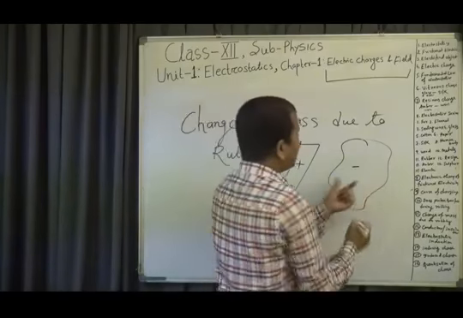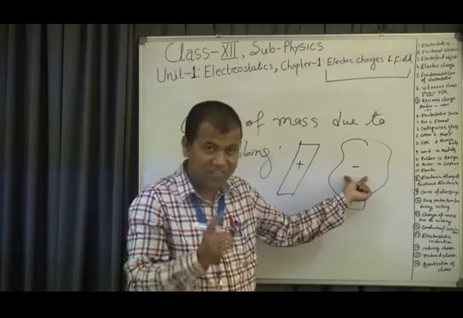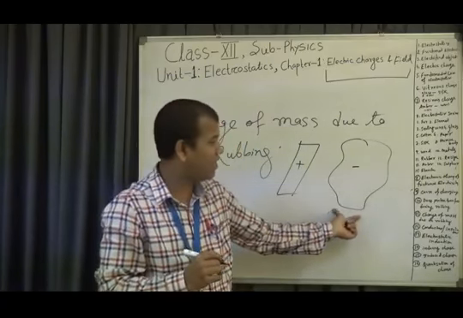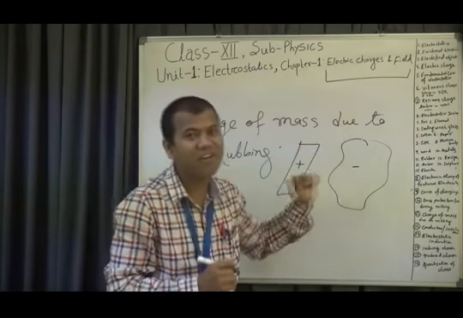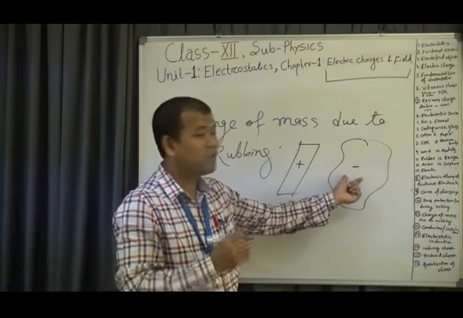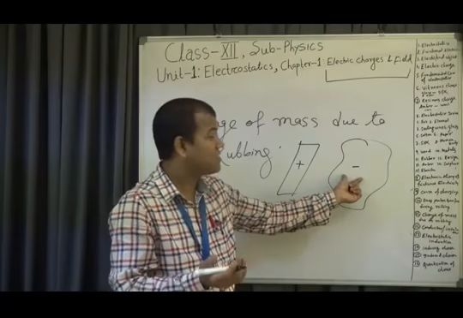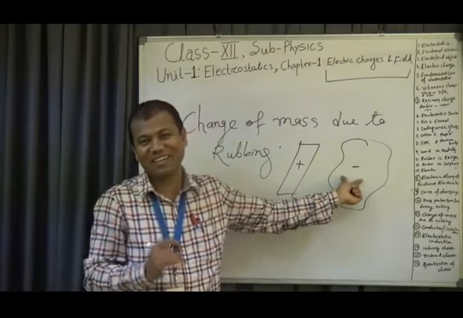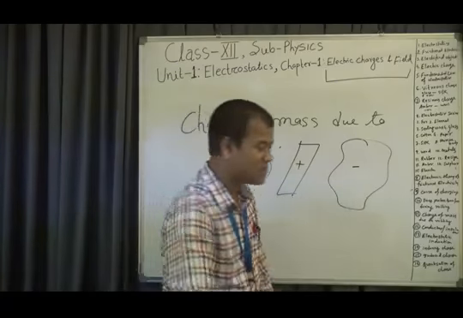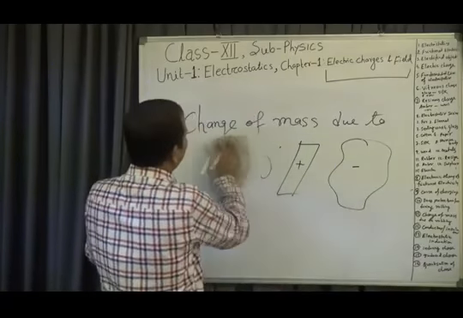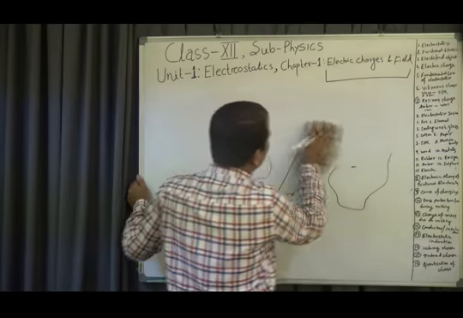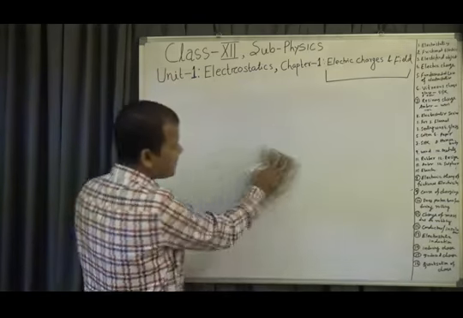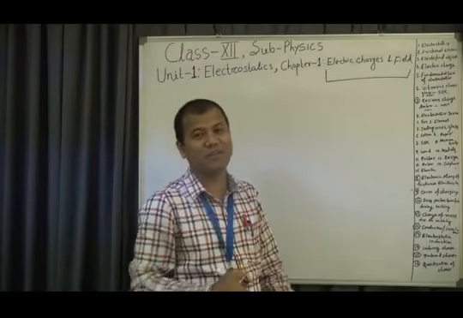And the negatively charged object, that is the silk cloth, obviously its mass will be increased, because electrons have been transferred to it. Electrons have mass, so the mass of the silk cloth will be increased. This is a very simple concept. If you think that there is no change of mass, it is wrong. Obviously change of mass is there due to rubbing.